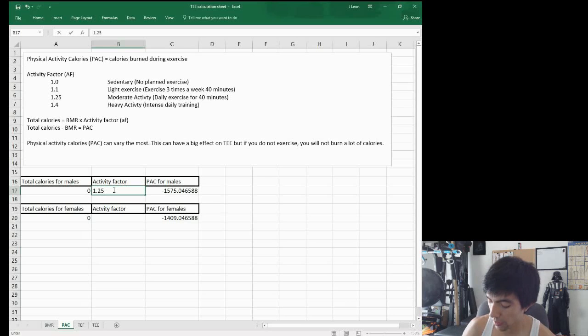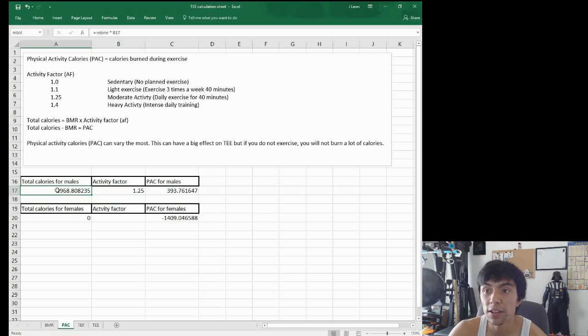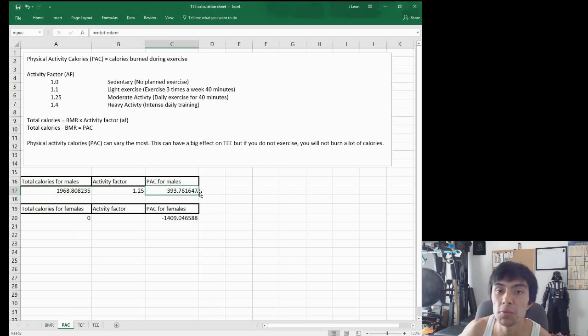So let's plug in 1.25, and this is going to be our total calories right here, which is 1,968, almost 69. And you have your physical activity calories, which is included in here, but it just calculates how many calories you probably burn every day due to the amount of exercise that you do.